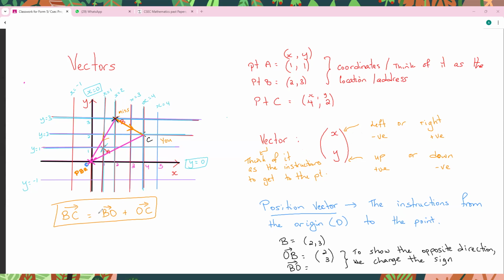But if you have to move in the opposite direction, meaning to the right, you change the sign. So if I want to show that I'm not moving from O to B, but instead from B to O, I'll change the sign. So this will become negative of 2, 3.